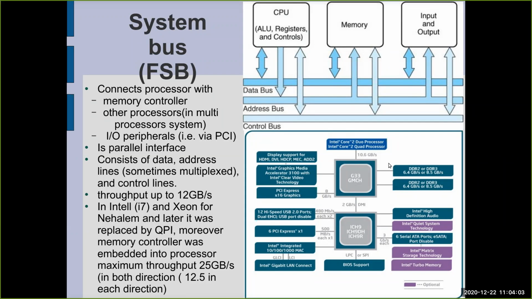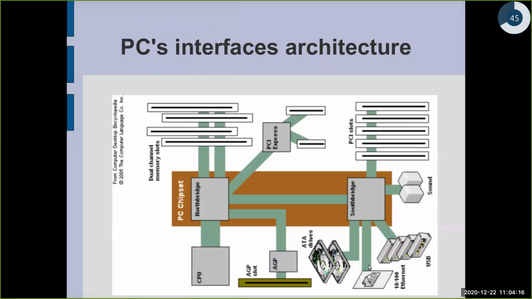So even if we have relatively high throughput for this interface, this throughput is decreased by the speed of slower peripherals.